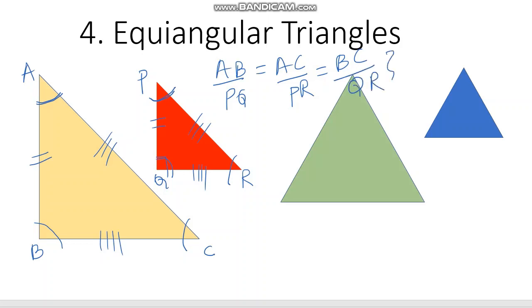So then you can say that triangle ABC is similar to triangle PQR.